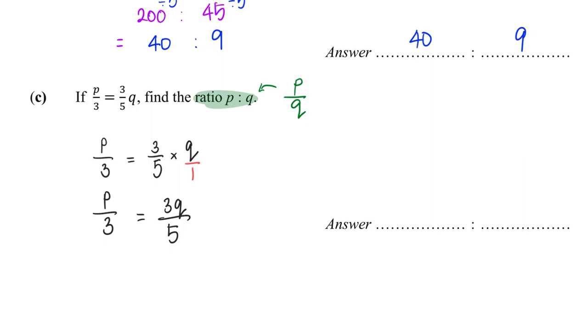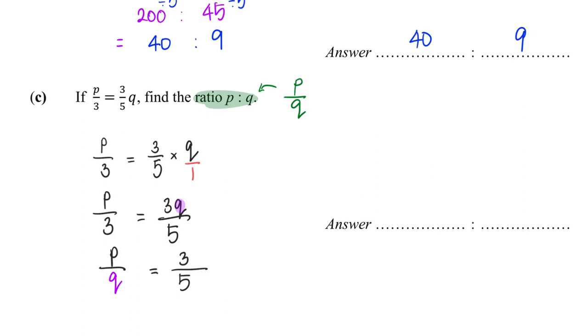Next, I'm going to divide both sides by Q, so that this Q will be here. I still have my 3 over 5 here.